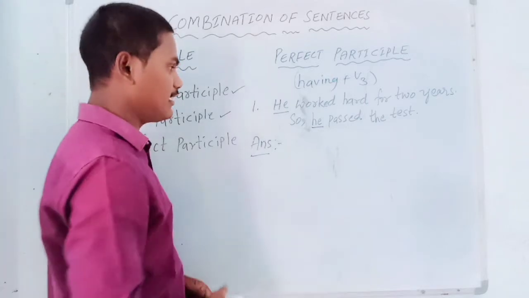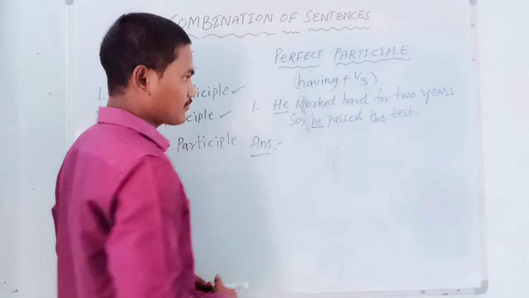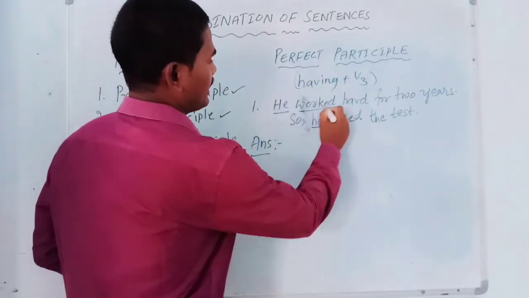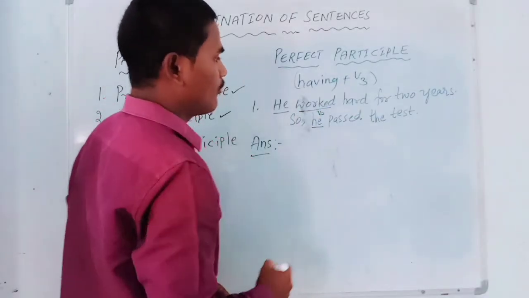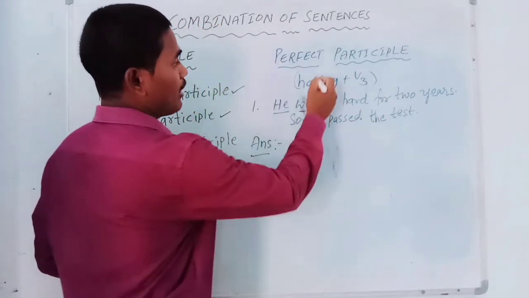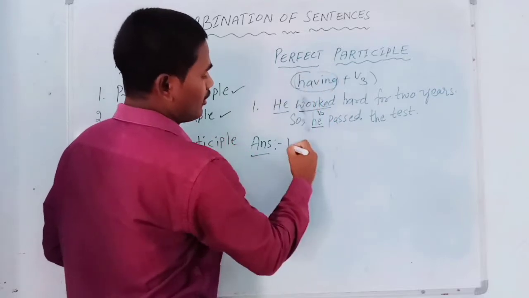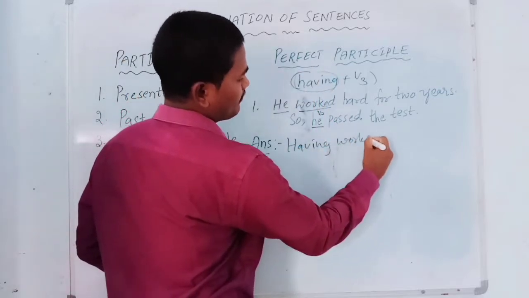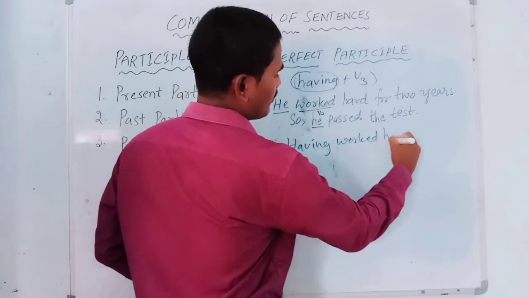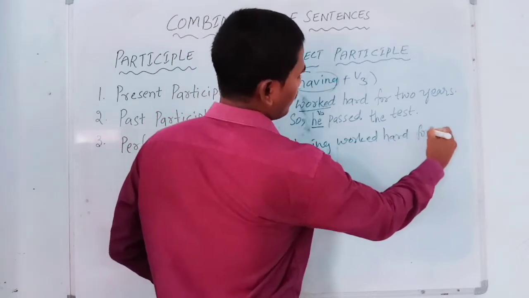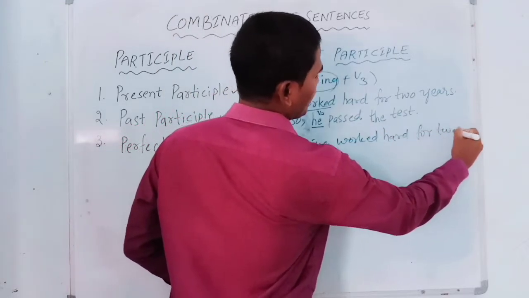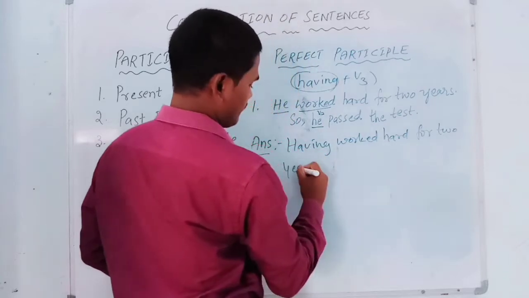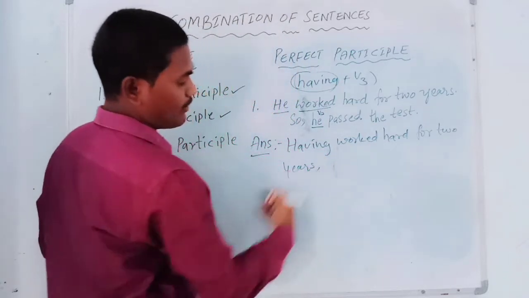So now it is the V3 verb form. Before that, what do we have to write? Having. So having worked hard for 2 years, comma.